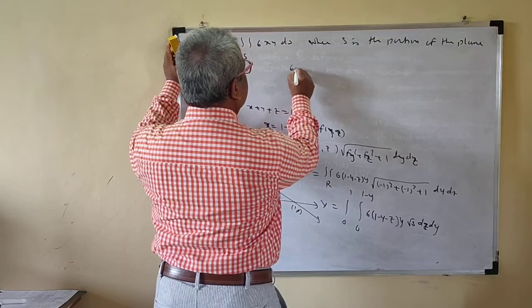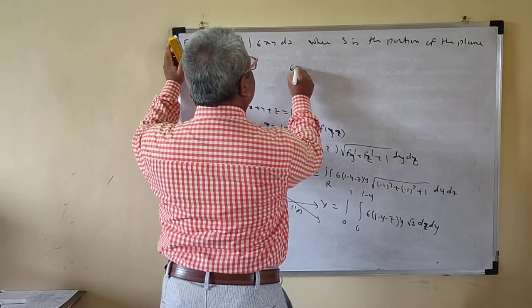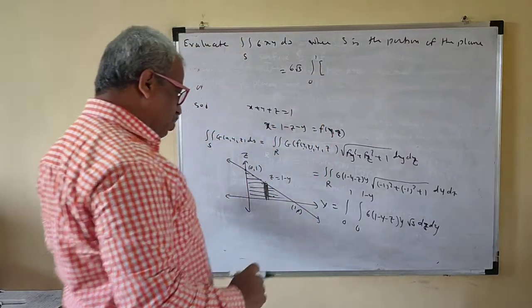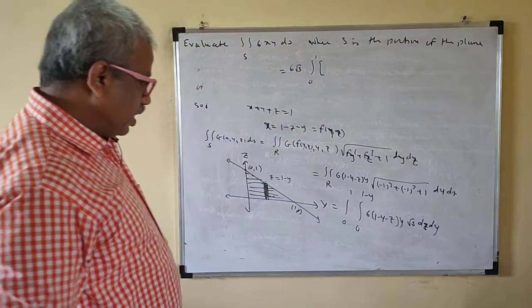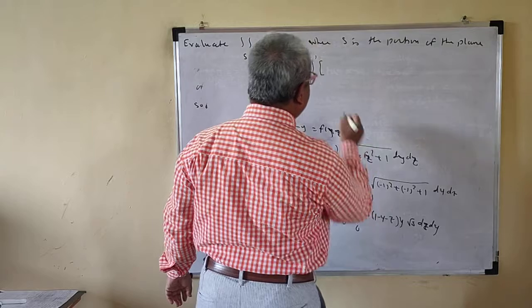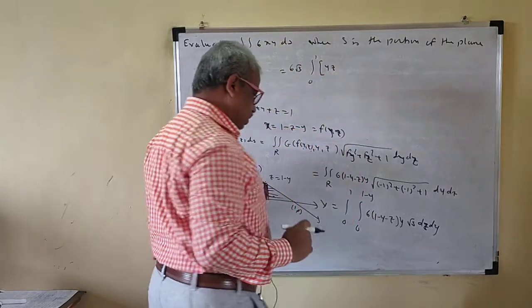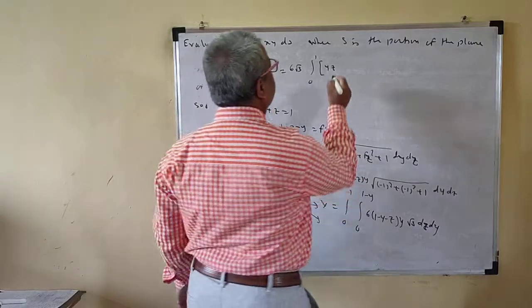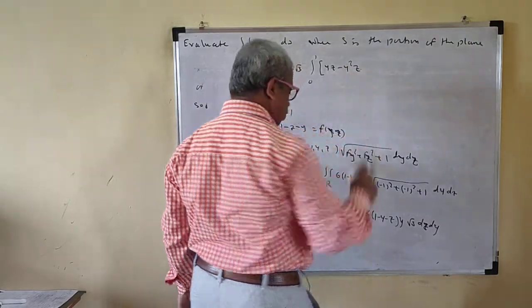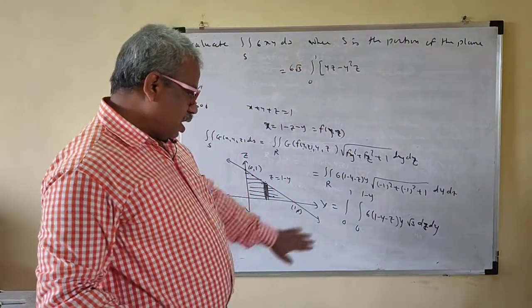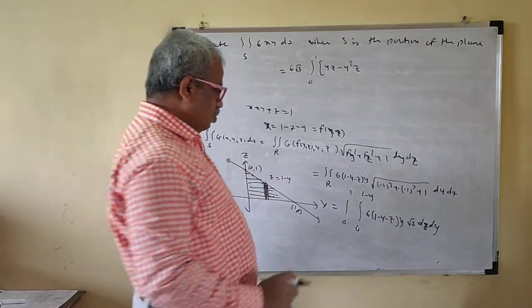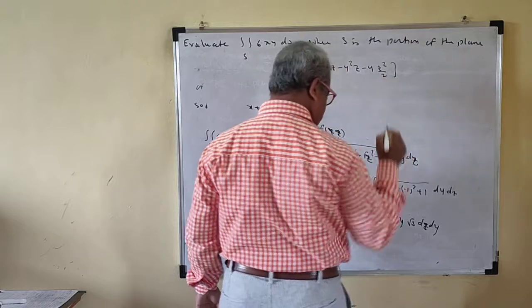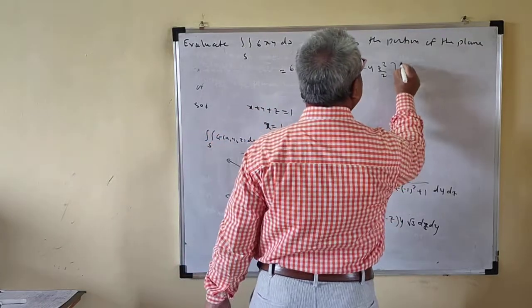Now we'll integrate this. 6 root 3 will be out, from 0 to 1. We integrate with respect to z: y z minus y squared z minus y z squared over 2, from 0 to 1 - y, dy. We are integrating with respect to z and multiplying by y also. Now this is 6 root 3, from 0 to 1.